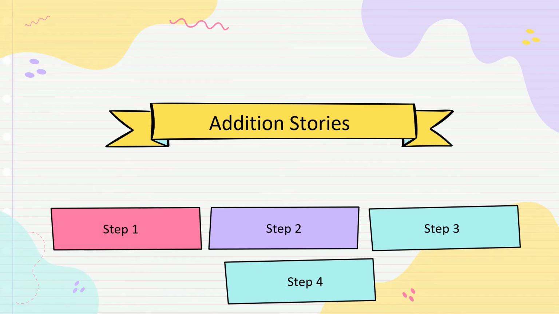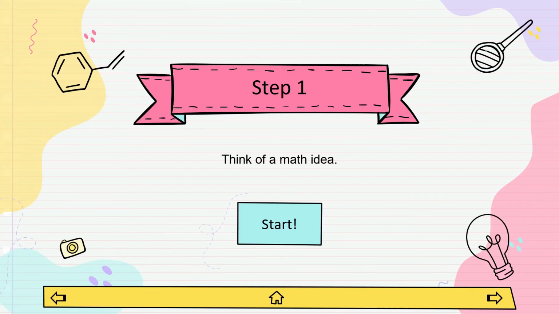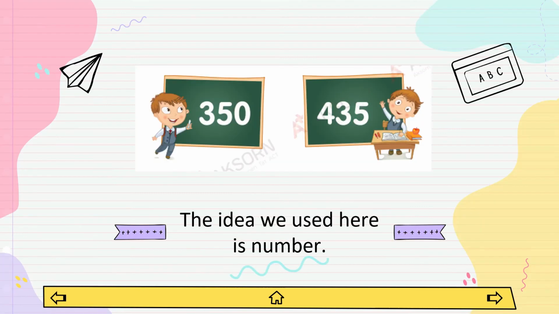There are 4 steps on how to create a story. Step 1, we're going to think of a math idea. The idea we used here is number, because 350 and 435 are numbers.